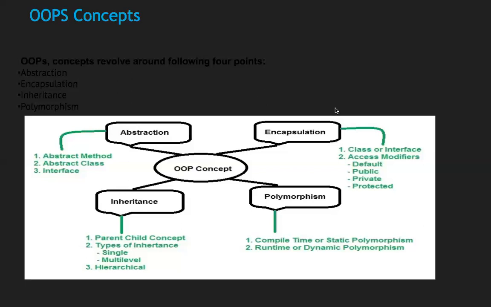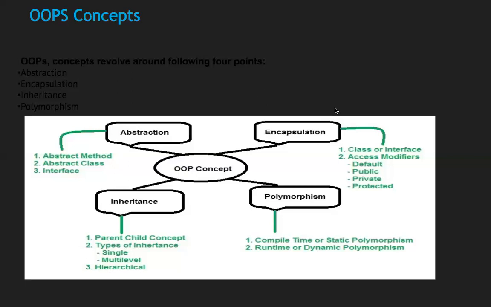Okay, so let's see what abstraction is. Abstraction has an abstract method, abstract class, and interface. Encapsulation has a class or an interface with the access modifiers: default, public, private, and protected. Inheritance is a parent-child concept.